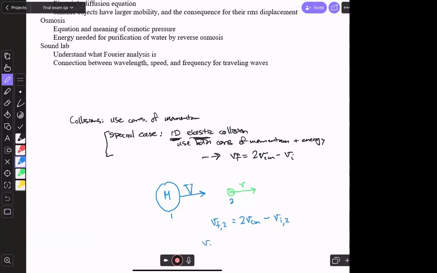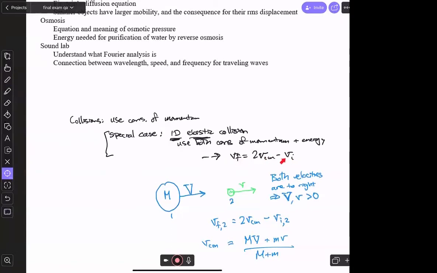The velocity of the center of mass is equal to the mass weighted average of the two velocities. In this case both velocities are to the right, so both capital V and little v are greater than 0.